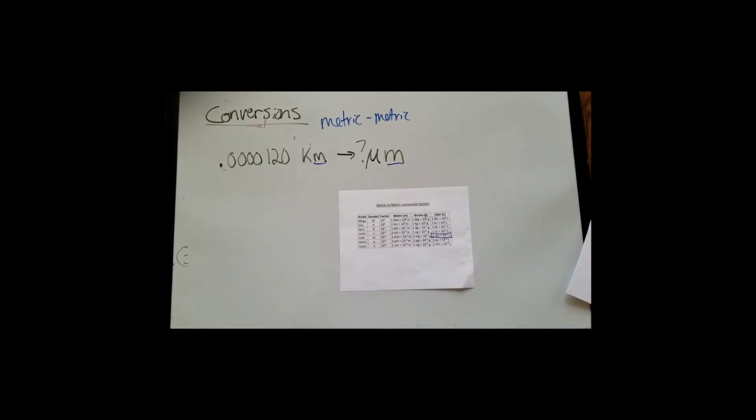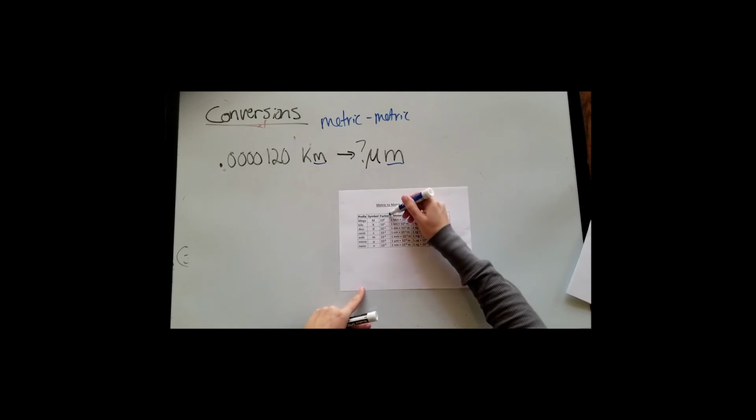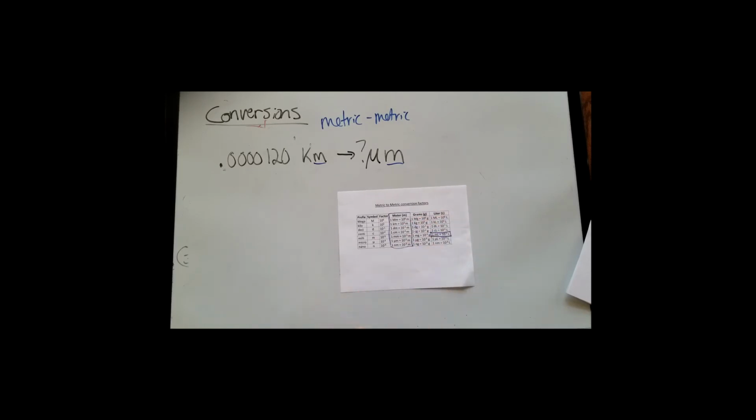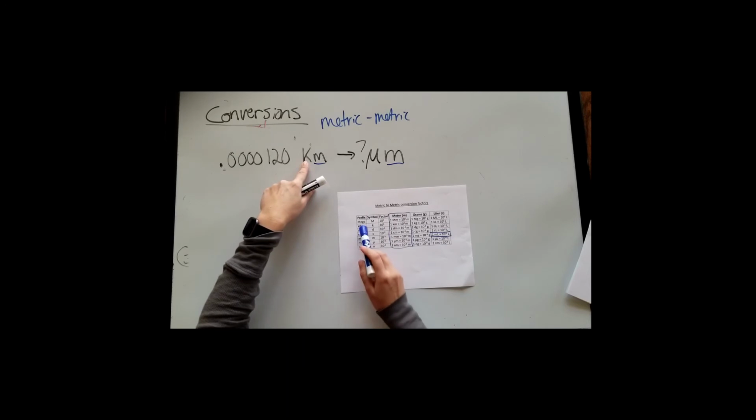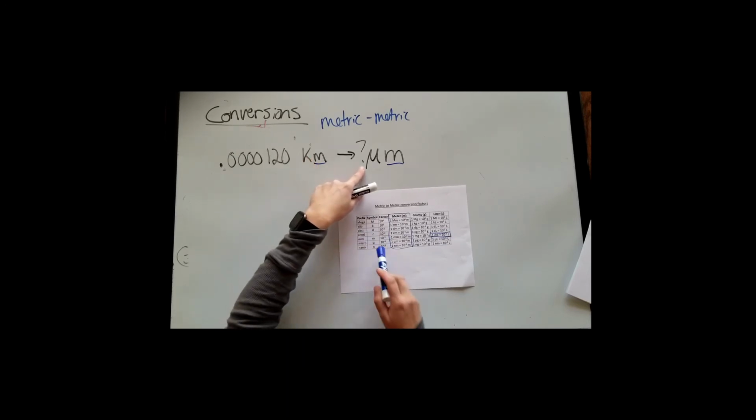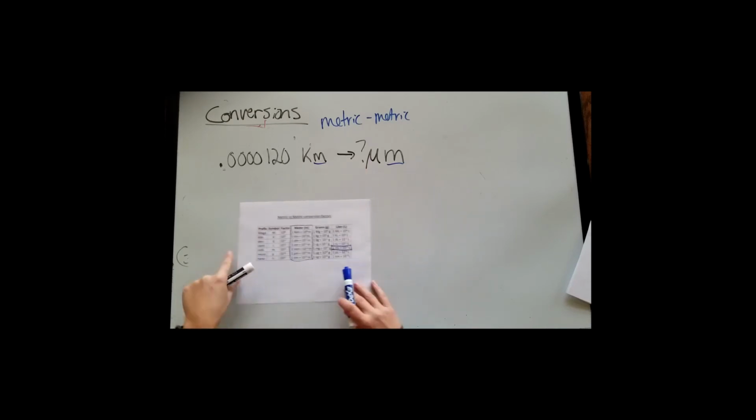So if it's metric to metric, we're going to be looking at this guy here. So what conversion factors are we using? Well, we're going to be looking in this meter range here, right? Which 2 spots specifically? Well, the kilo, so the K, and the micro, that little mu symbol. So those are the 2 conversion factors I'm going to use.